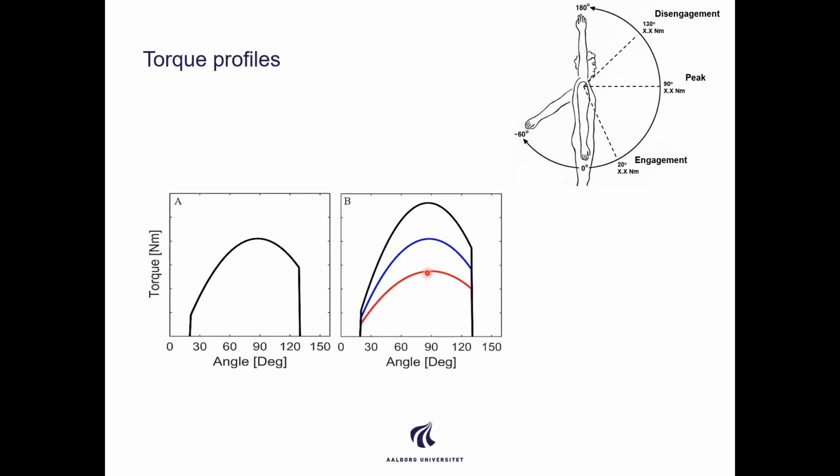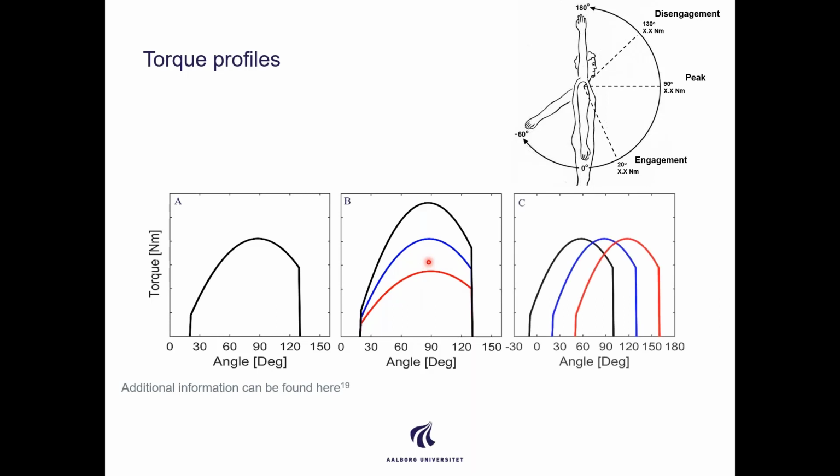Then we would regulate the torque amplitude by turning the knob or changing the peak torque that we provide to the upper arm. And then we could also change when to provide this torque. So we could skew this either down towards the lower degrees of flexion or higher degrees of flexion. And you can also find additional information out here on number 19 if you want.